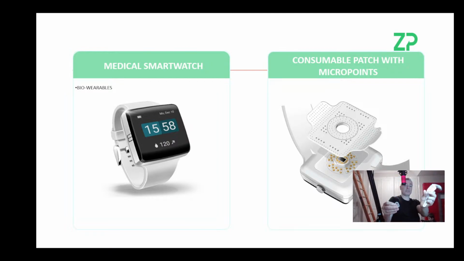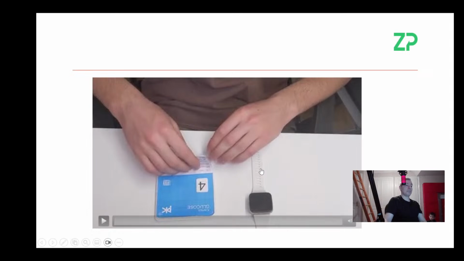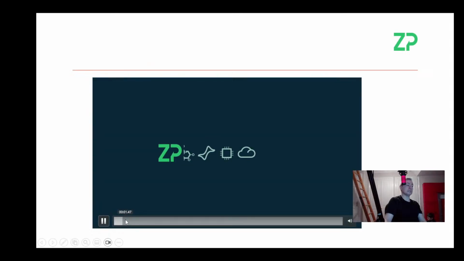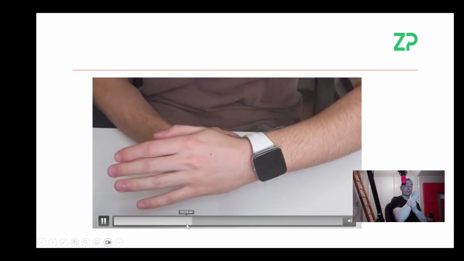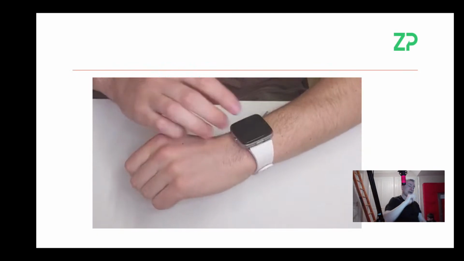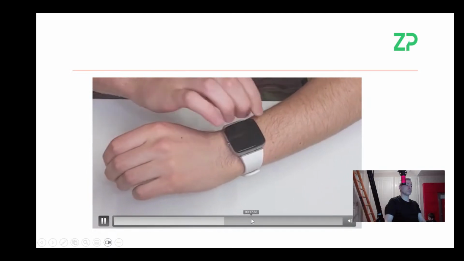On the back of these watches, there's an insert. The insert has microneedles on it. The microneedles penetrate the skin. You can appreciate that when you put one of these watches on, the strap is pulling the microneedles into the skin and monitoring glucose.